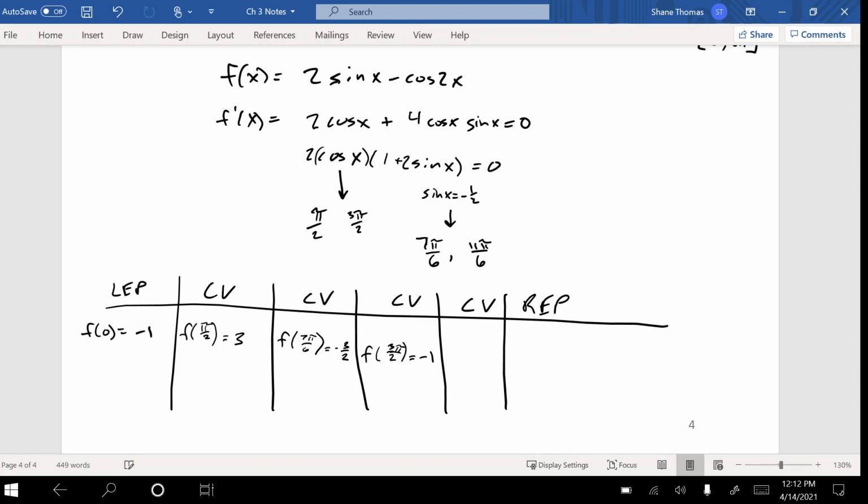That one would be -1. Next one, f of 11 pi over 6. That's going to be -3/2. And lastly, my right endpoint is f of 2 pi. That's going to equal -1.